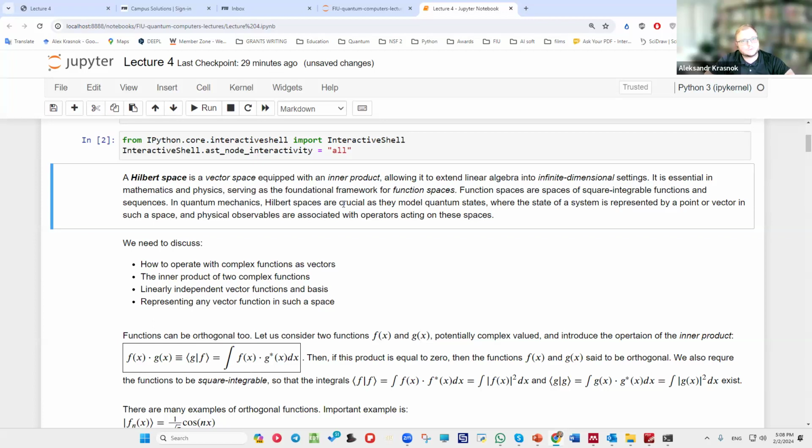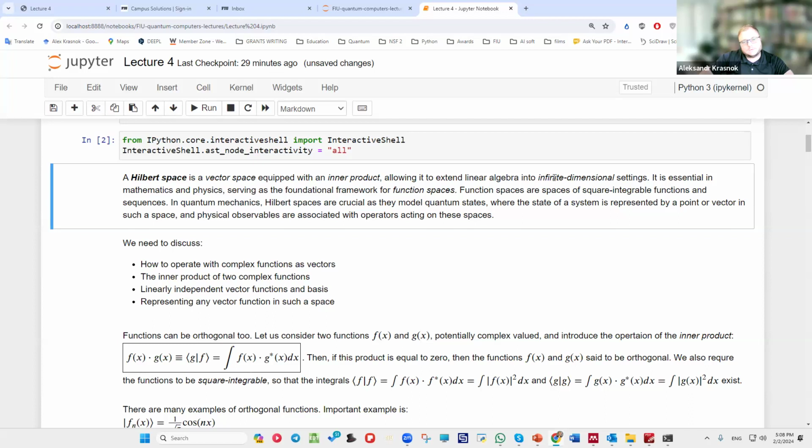So it's not just like Euclidean space or our three-dimensional space where all vectors are real valued. A Hilbert space is a generalization of Euclidean space in that it also considers complex valued vectors. We already mentioned that quantum mechanics is based on complex things, so we need complex vectors in the analysis.